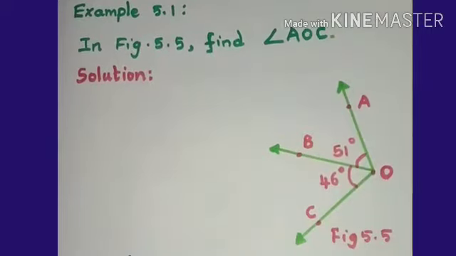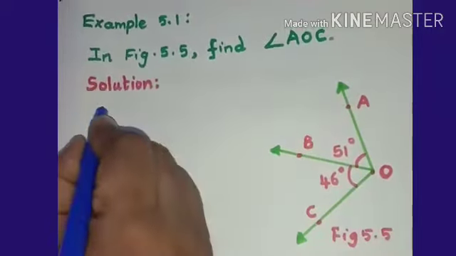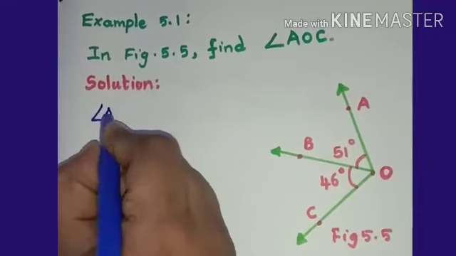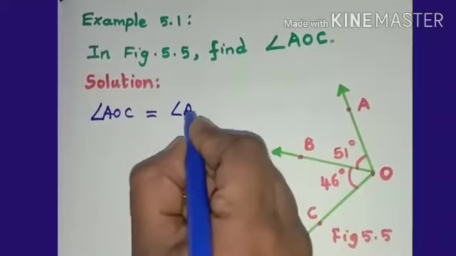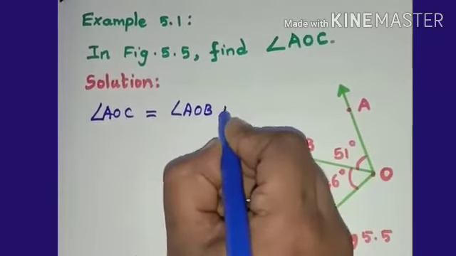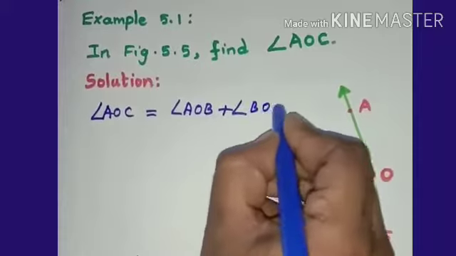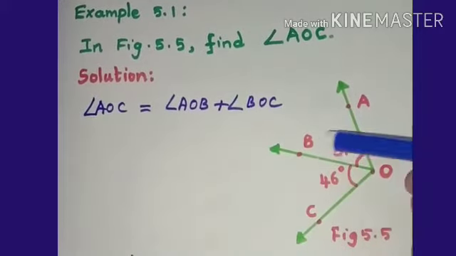Now we know that angle AOC can be written as angle AOB plus angle BOC.